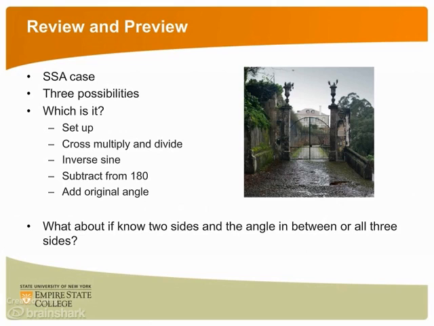Then find a second version of the angle by subtracting from 180. To check if the second option is viable, add this second version angle measure to the angle measure we were originally provided. If that sum is less than 180, two triangles are possible. Otherwise, only one triangle is possible.